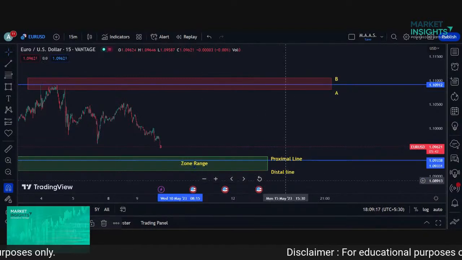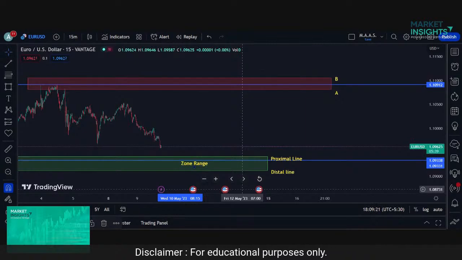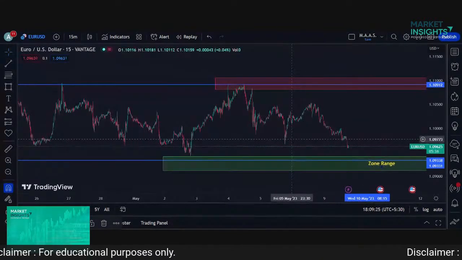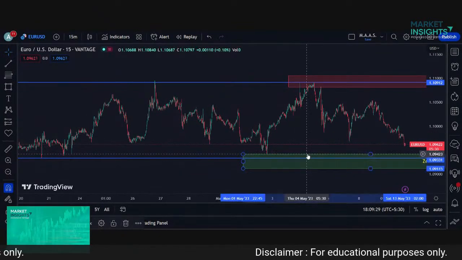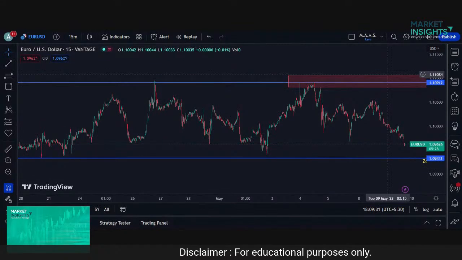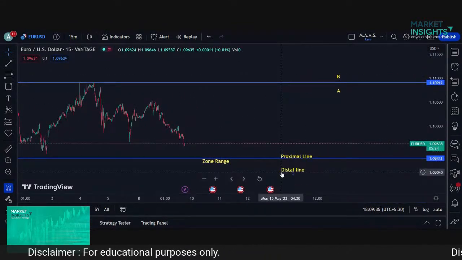Now, how to decide the distal and proximal line? There are multiple methods, but what you need to do is to look at the price action and understand it first. Let us remove this and this as well. Now I'm teaching you how to understand where the distal line is.